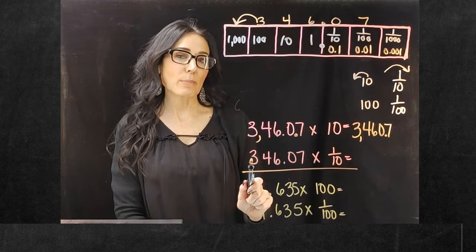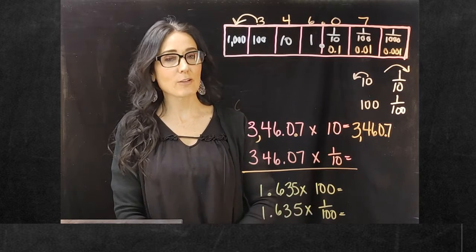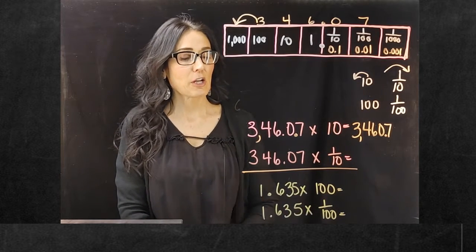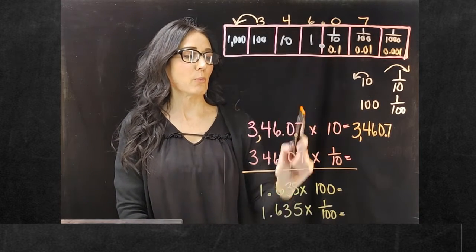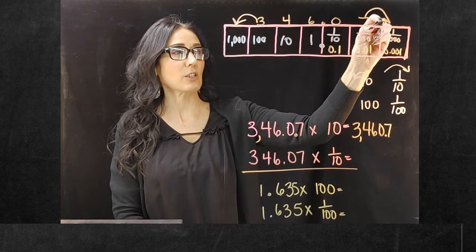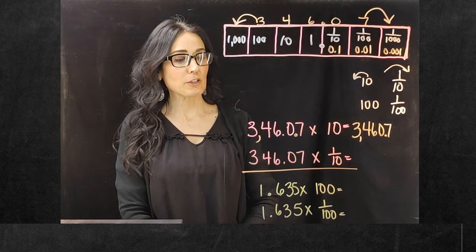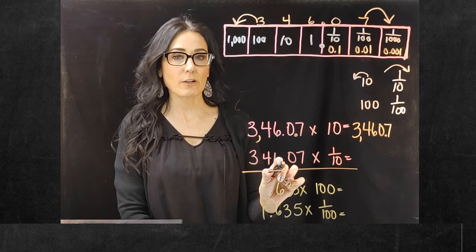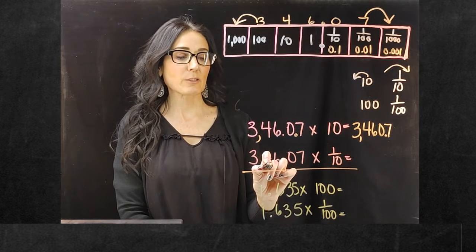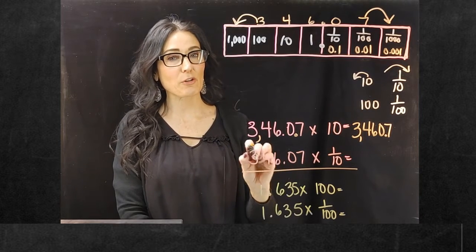Okay? So what happens when we make this number 10 times smaller? It can't be 1,000 if we're making it 10 times smaller. So we've got our number written up here. We're making it 1/10 of the size, which means we're going to go one place over to make it smaller. So instead of our decimal being here, we're going to put our decimal here, because that would go from 346 to 34.